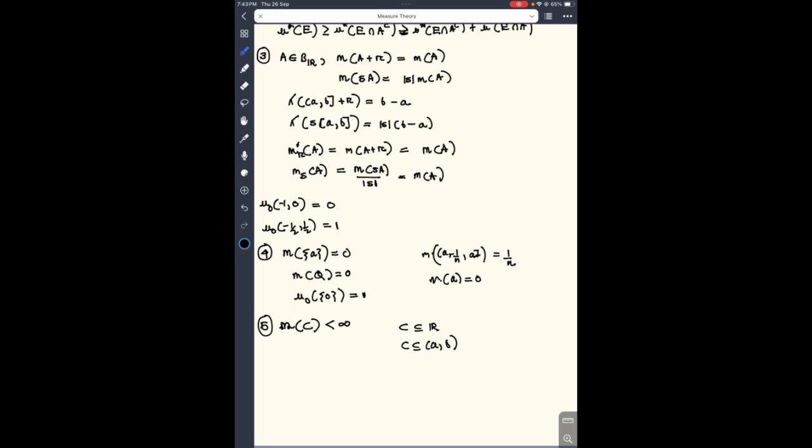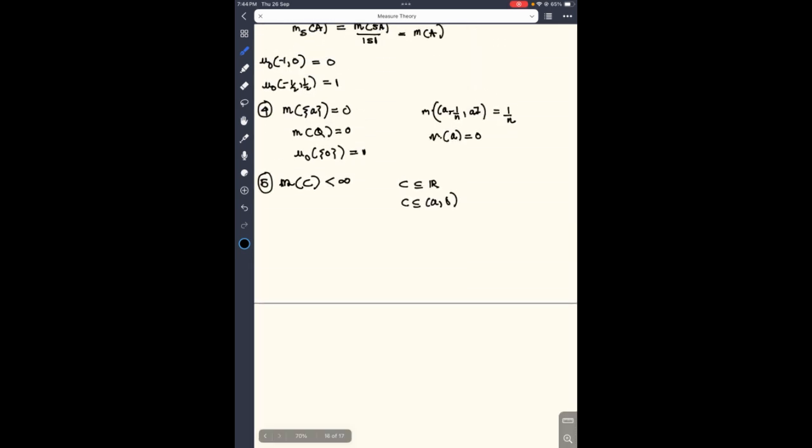So what I was saying, the most important property of Lebesgue measures is that it has inner regularity and outer regularity. Inner regularity and outer regularity mean that it can be approximated by the topology.